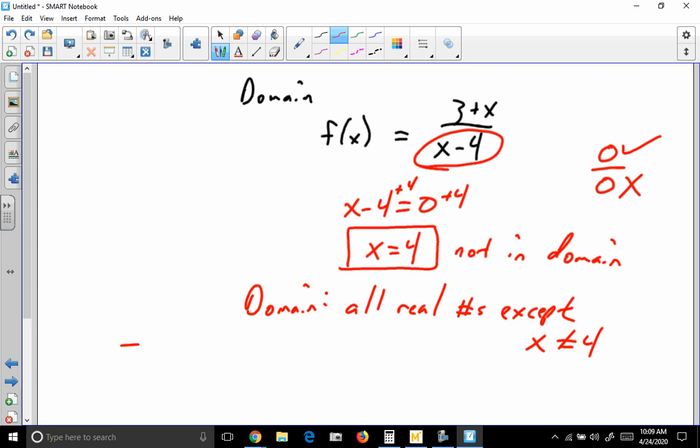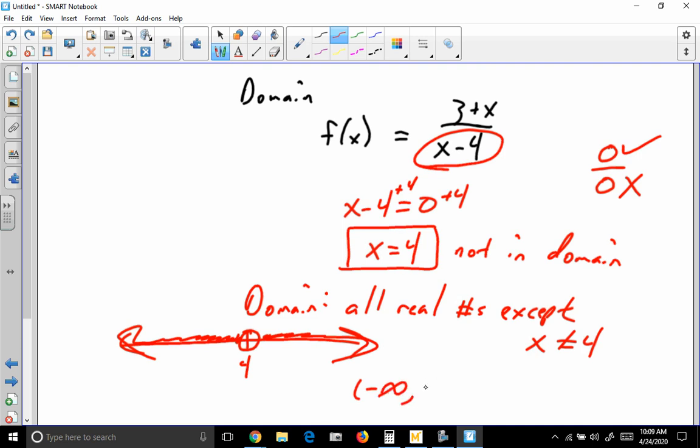If we put that on a number line, then at 4, we wouldn't include it, but we could have anything to the left of 4, anything to the right of 4. So every number except 4. As an interval, this is 2 different intervals. The first one goes left forever, so to negative infinity.